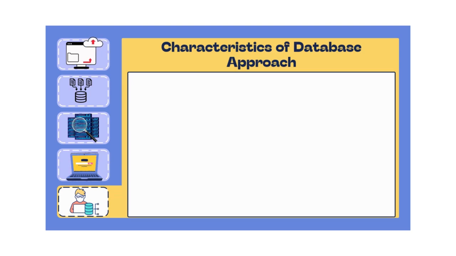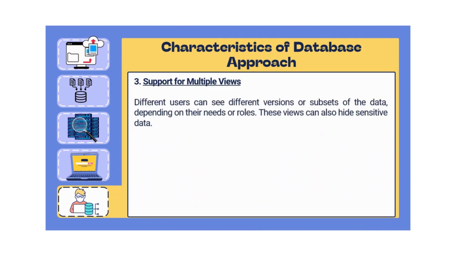The third characteristic of database approach is support for multiple views. Here, different users can use different versions or subsets of data depending on their needs or roles. These views can also hide sensitive data, which means the database management system supports multiple views of data to cater to different user needs and security requirements.